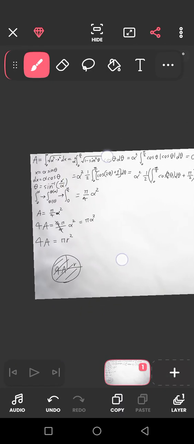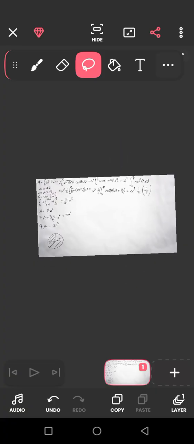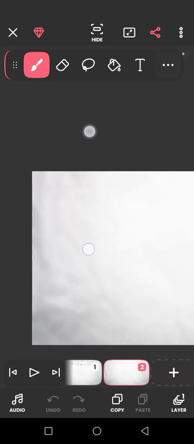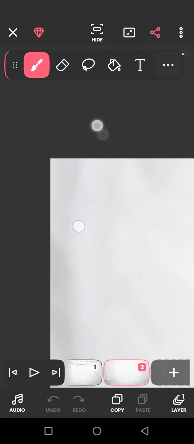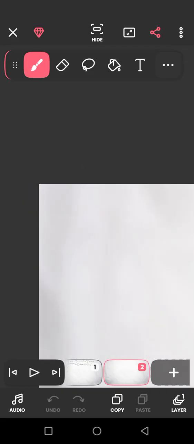Okay. Now there is another proof, the oval area proof. Actually, I don't really know the oval area formula, but I will try to find it using definite integrals.